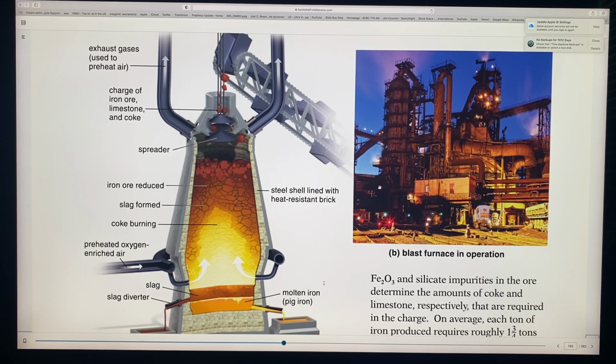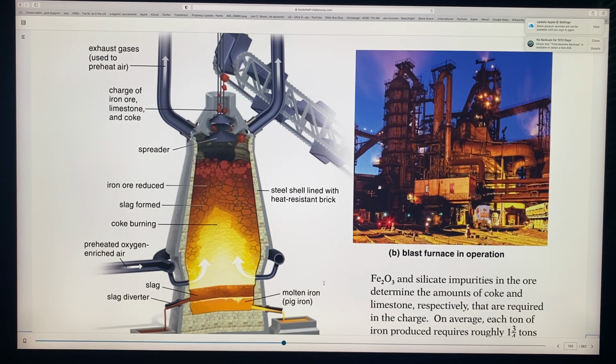The reason they put the limestone is because it combines with the impurities and produces a slag. And actually they do use slag, and we'll show the chemical formula for that. You think that's just a byproduct, in a way it is, but they use that byproduct for different things.